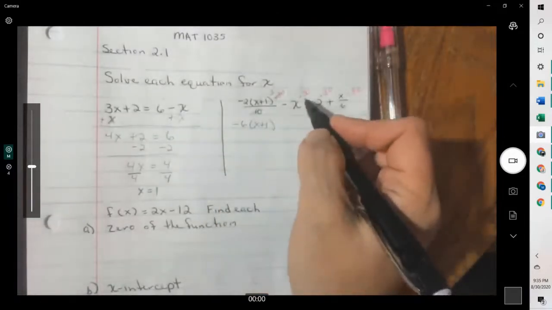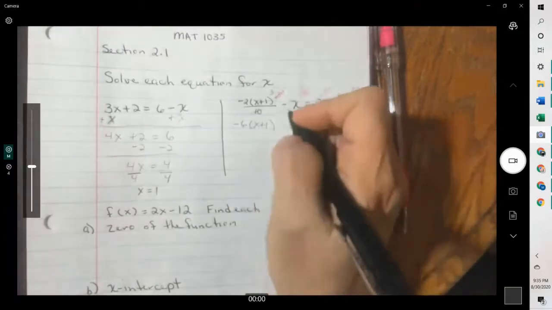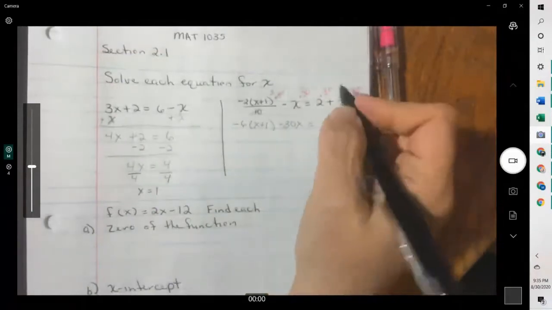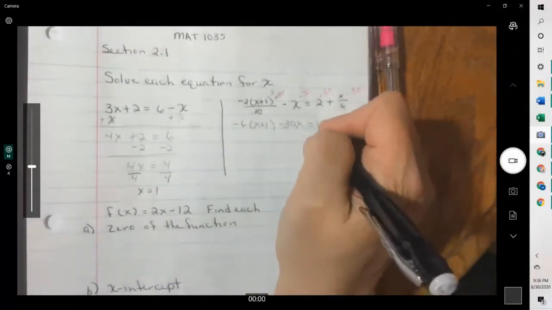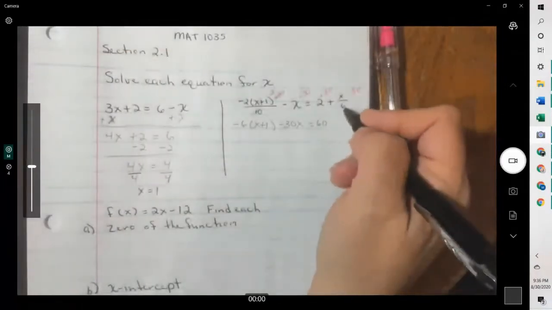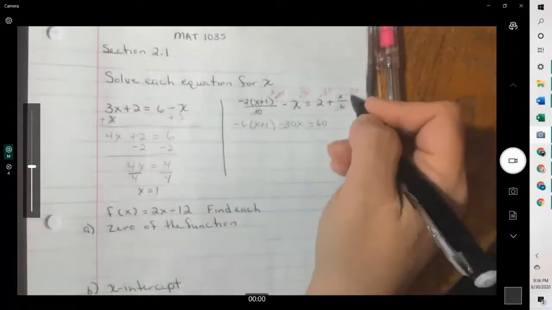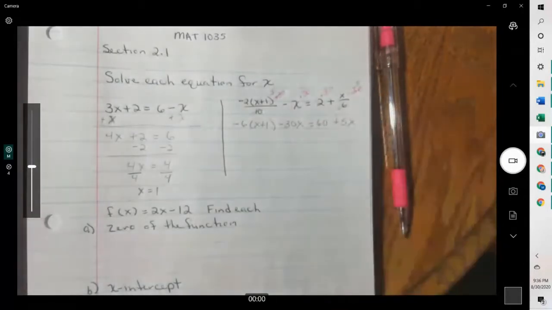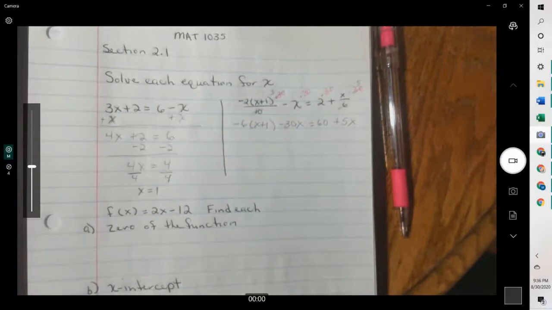This one doesn't have a fraction, and so 30 times negative x is a negative 30x, equal to 30 times 2 is 60. Then this one does. So this 6 goes into 30 5 times. 5 times x is 5x. Then we need to solve it.